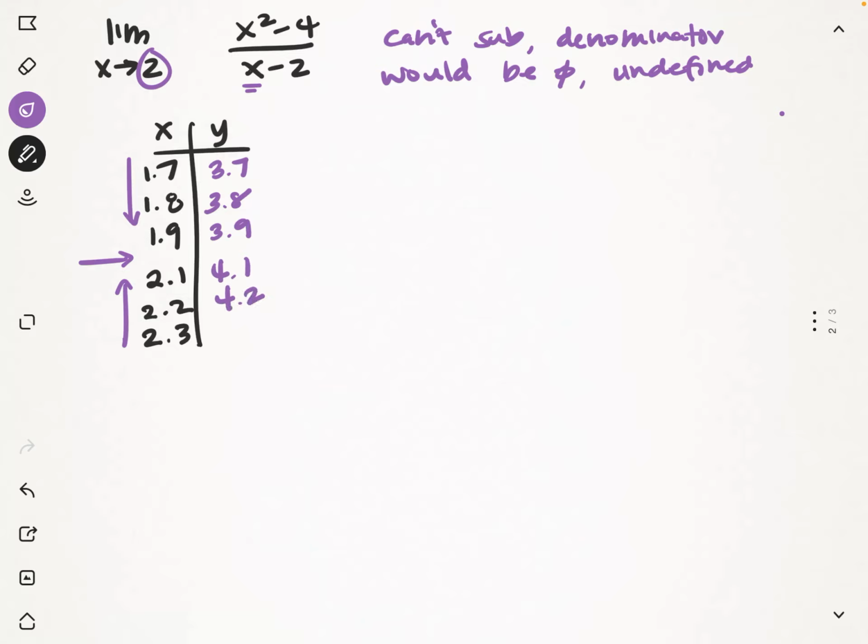You can kind of see the pattern here. This would be 4.3, right? So if we're looking at this side and this side, we can see that these numbers are getting ever and ever closer to the value we're looking for here, which is 4.